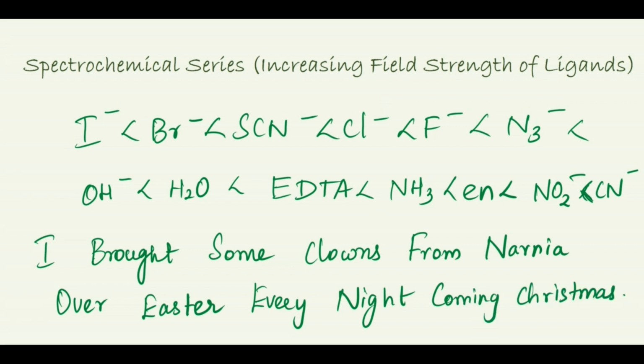As you know, I stands for iodine, Br for bromine, S for some, which refers to SCN minus, Cl for clowns, F for fluorine, F minus, Narnia for N3, over for OH, Easter for EDTA, and en, night for nitro and C for cyano.